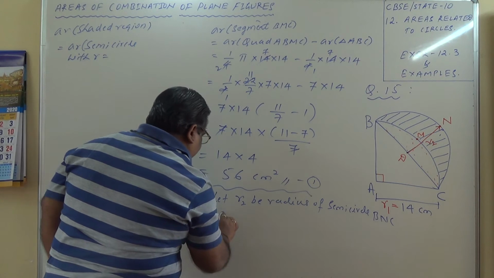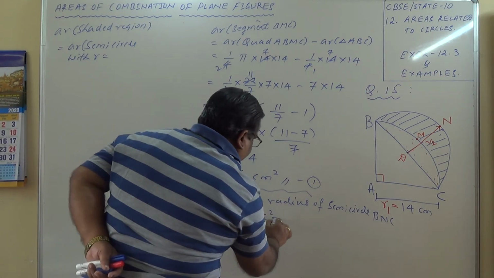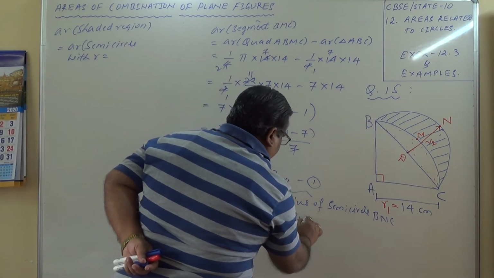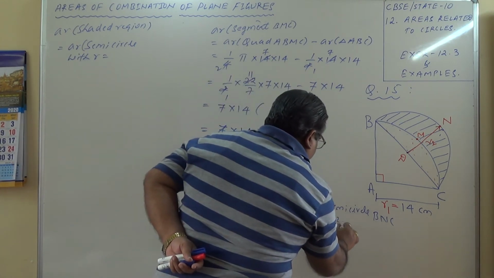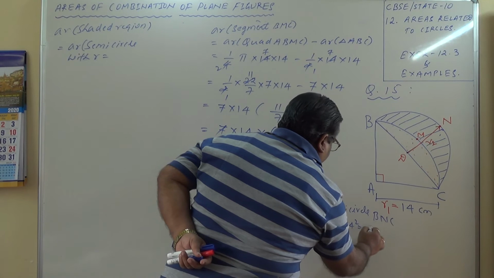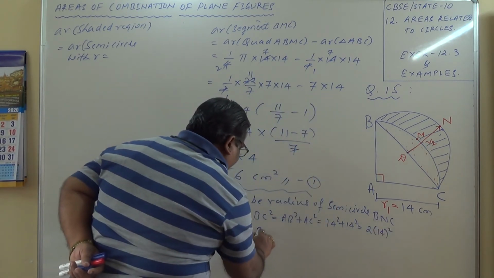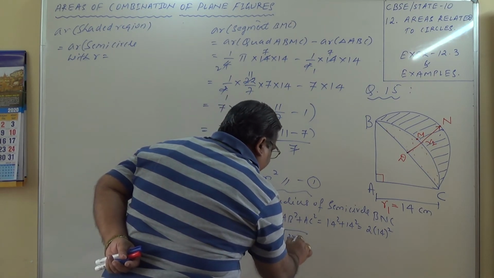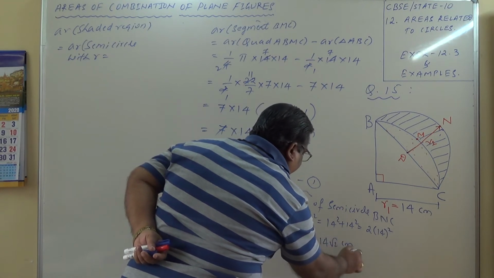BC square equals, now by Pythagoras theorem, BC square is AB square plus AC square, which is 14 square plus 14 square, which is 2 times 14 square, and therefore BC is equal to under root of 2 into 14 square, which is 14 root 2 centimeter.